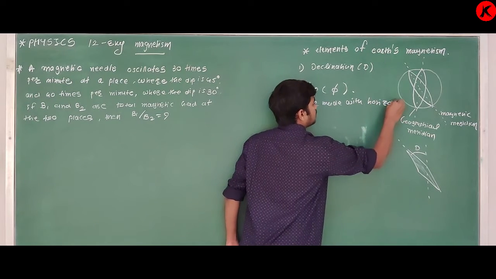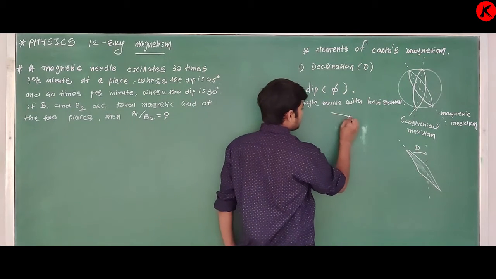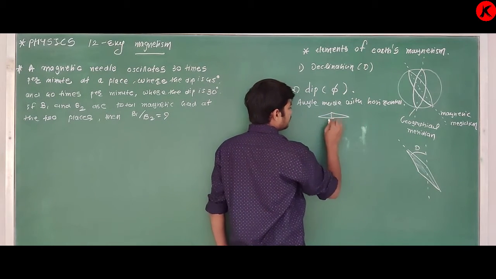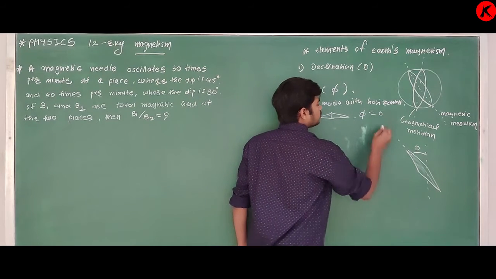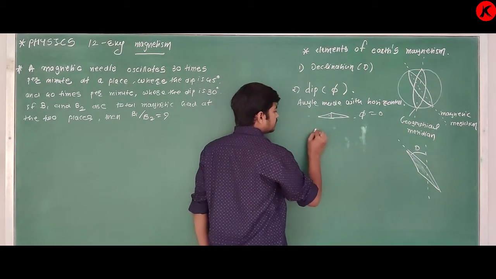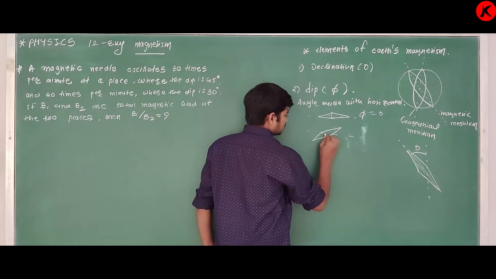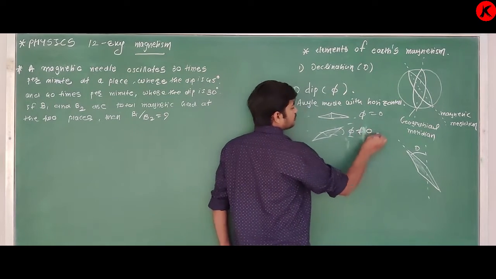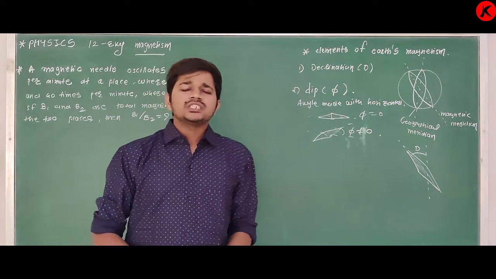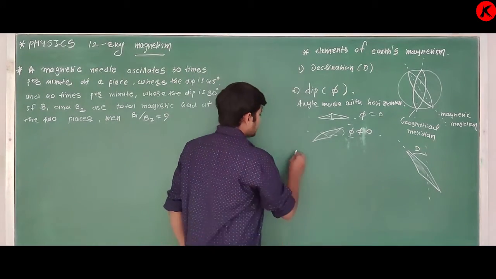If at a point the needle is like this, it is in horizontal condition. So here phi is equal to 0, that is, dip angle is 0. But if the needle is like this, you can see it makes some angle. So here phi is not equal to 0. This is the meaning of dip.